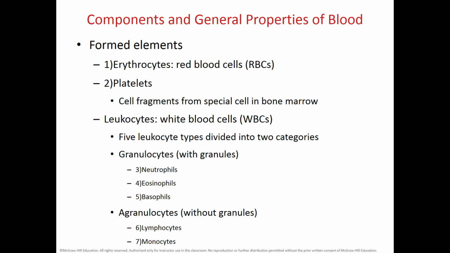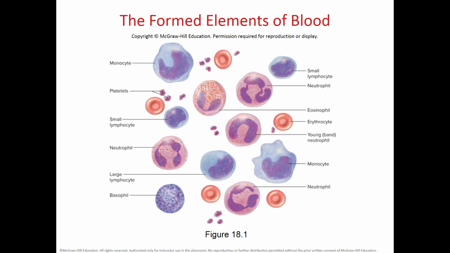The prefix in anatomy that has the letter A means without. So agranulocytes will be cells without granules. This is the figure that shows you the different types of form elements.